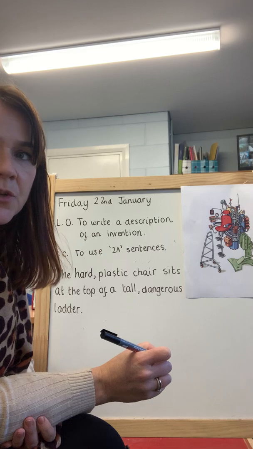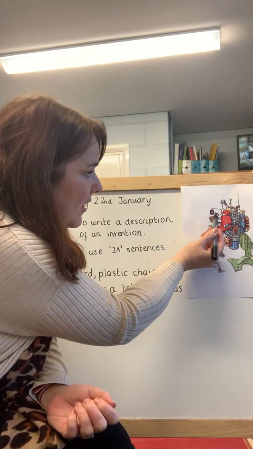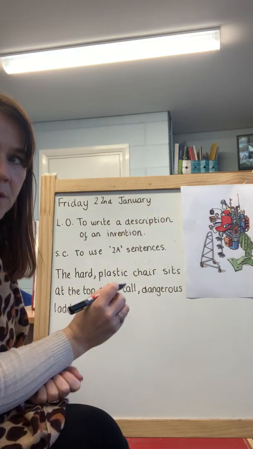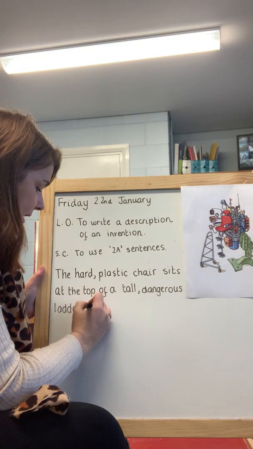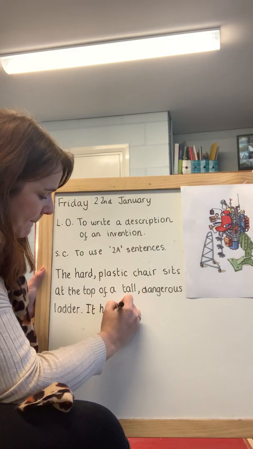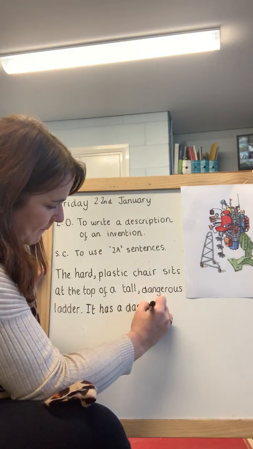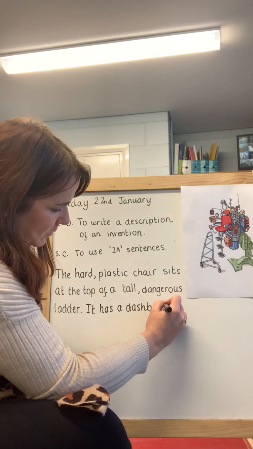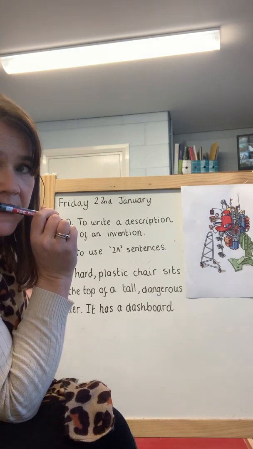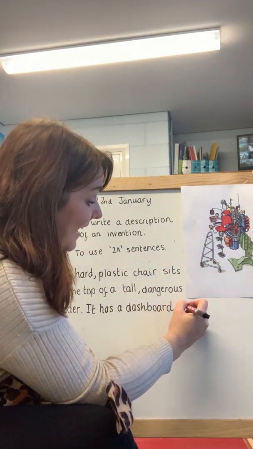Which part of it shall I do now? Oh, I like this part here. Look, it's like a little dashboard like you have on a car, isn't it? What shall I say? It has a dashboard. And what can you see on that dashboard? We could say the tiny, we said tiny.